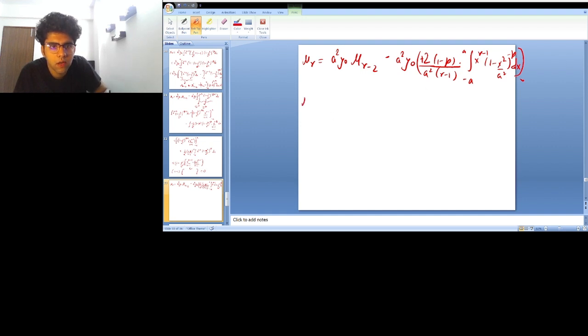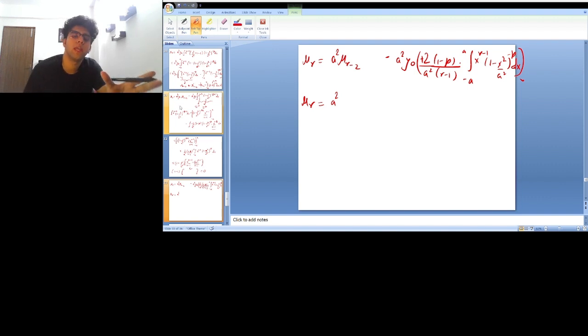So if I just take this y naught inside, this will become my PDF. First I need to remove this a square, because when I wrote my r minus 2th moment, my y naught was used inside because I needed that y naught to create my whole PDF, right? My PDF was y naught into 1 minus x square upon a square raised to the power minus p.